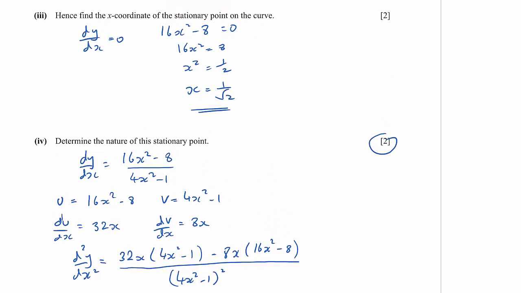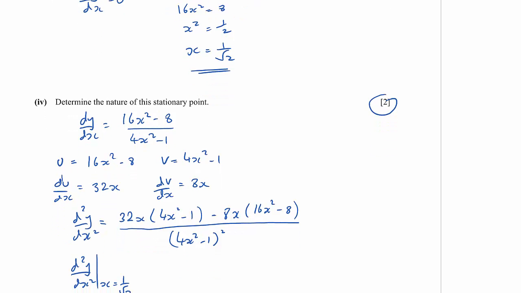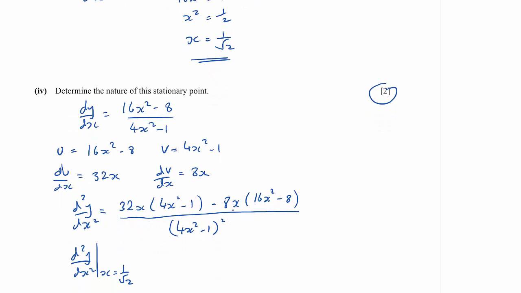Now, the 1 over root 2 is a solution to 16x squared minus 8 equals 0. So that second part of the d2y/dx squared, basically the whole of this, is going to turn out to be 0 because of the 16x squared minus 8.